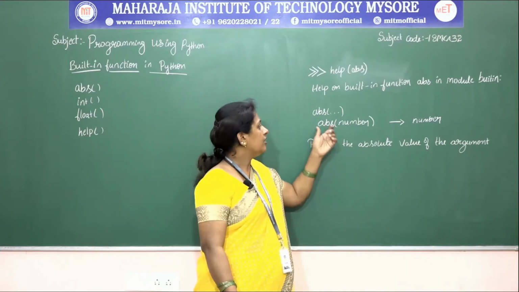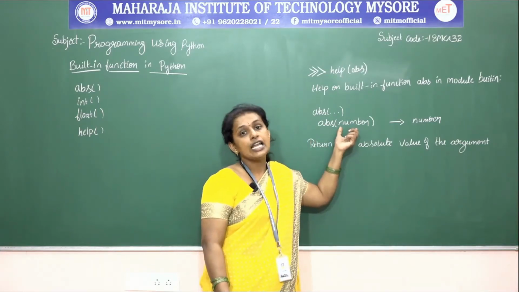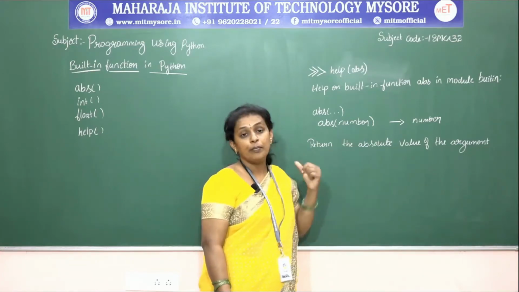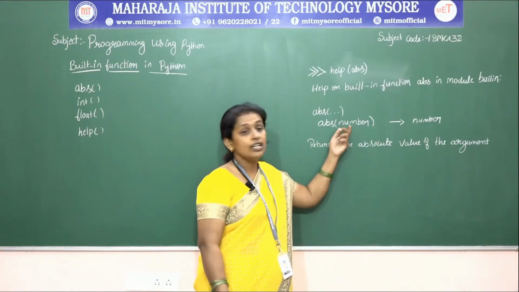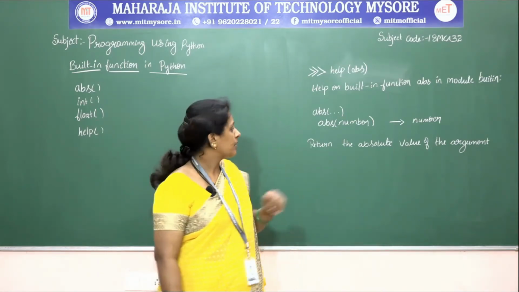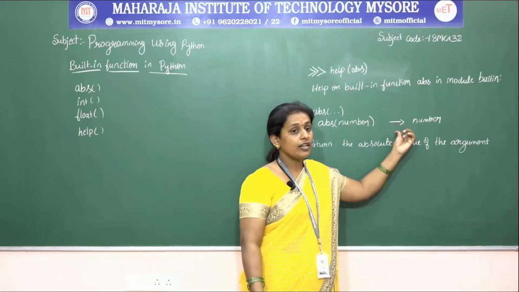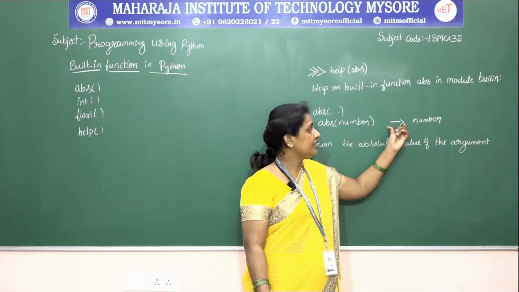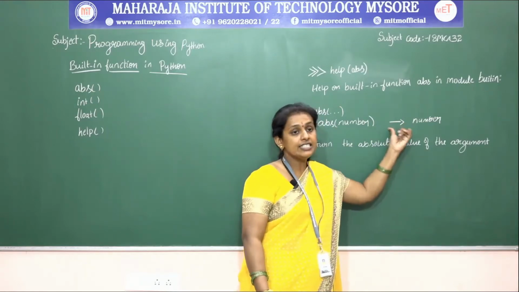Here we have an argument called number, and arguments are specified between parentheses. Here number means it can be an int or a float. After that the arrow mark represents the return type, and the return type of this function is number.